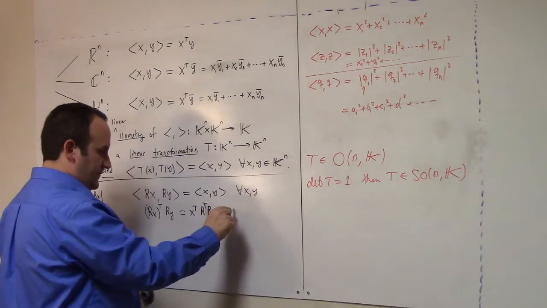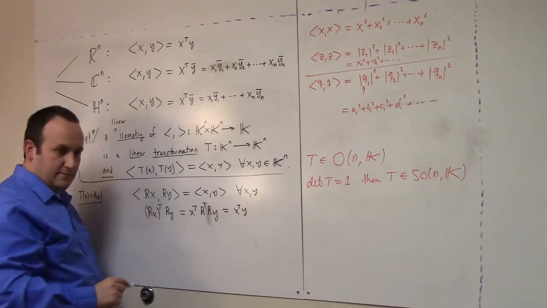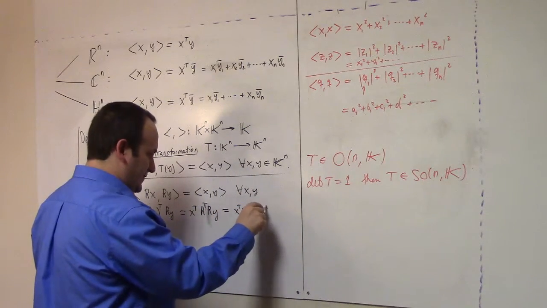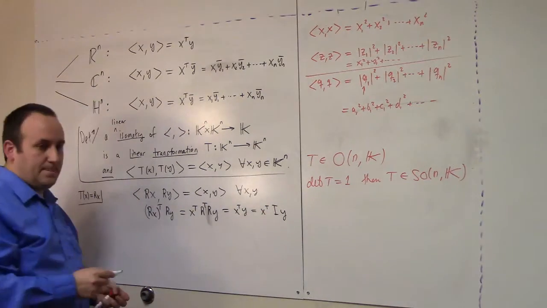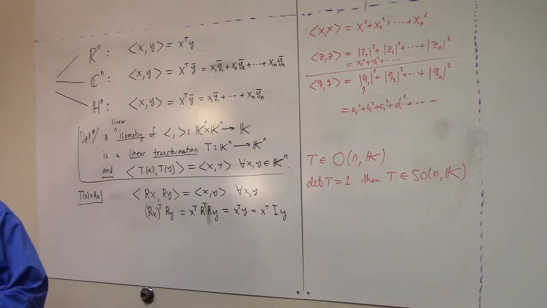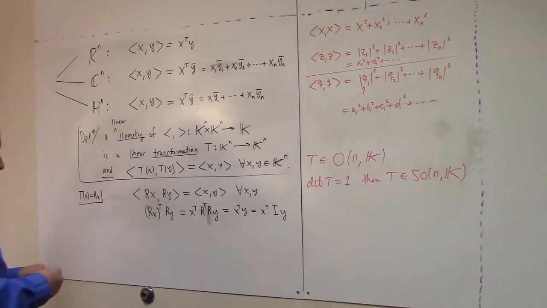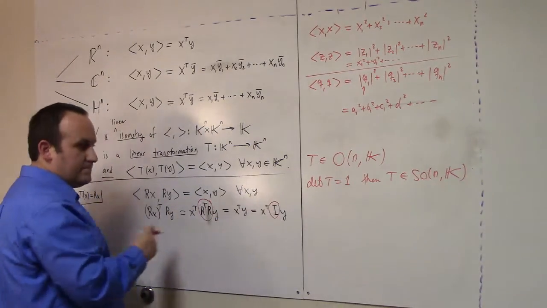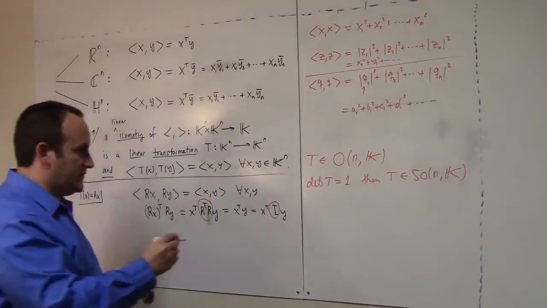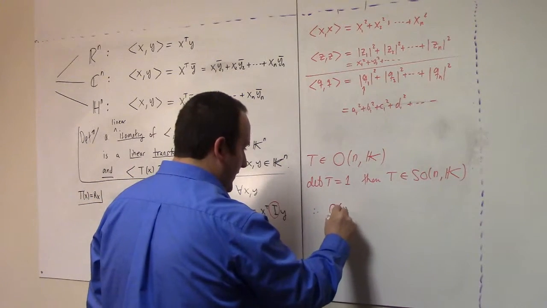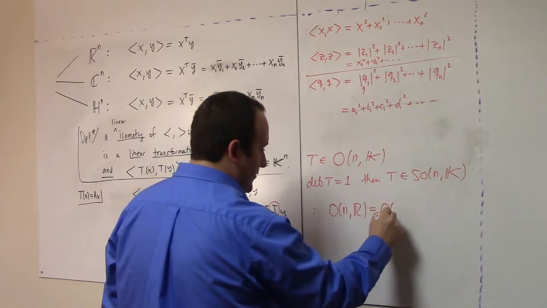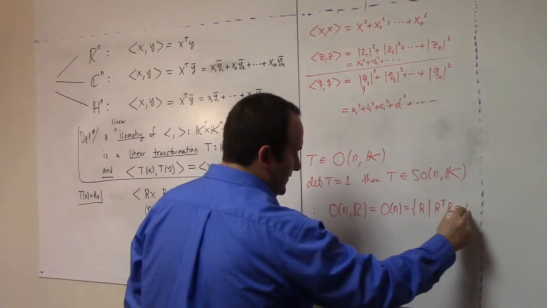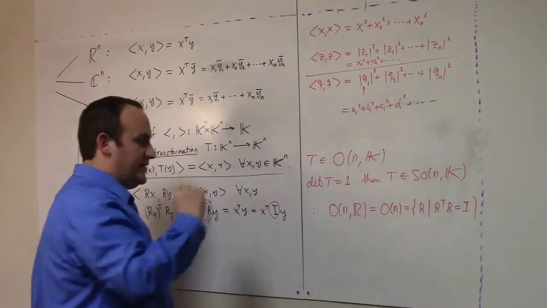On the flip side, we have x transpose y. But if you tilt your head and squint, you can see that there's clearly an identity matrix right there. Now, if you studied your linear algebra, you know that this being true for all x and y implies that this matrix is equal to that matrix. So in other words, O(n, R), which we usually just say O(n), is R such that R transpose R is equal to the identity matrix. My beloved orthogonal matrices over the reals.